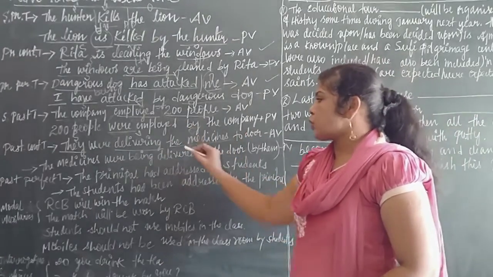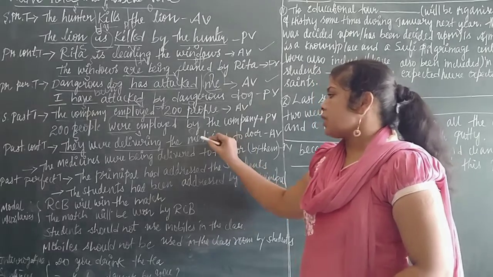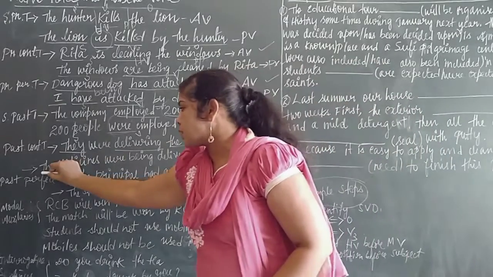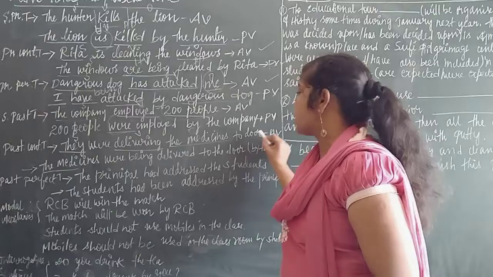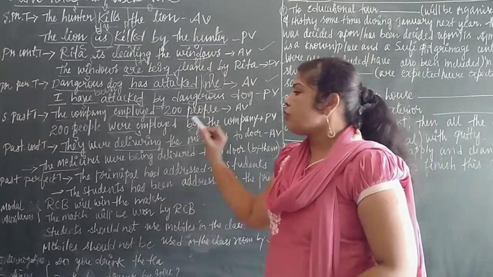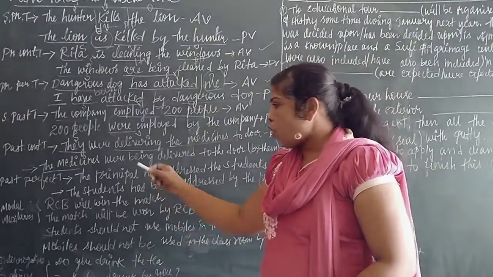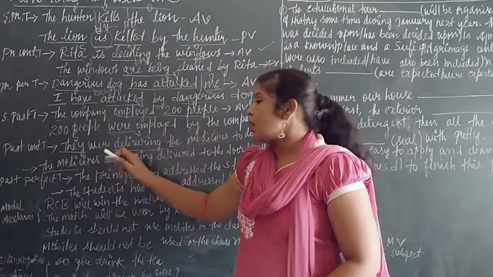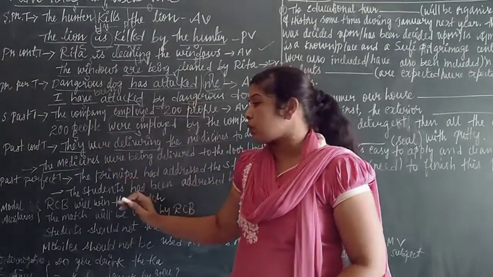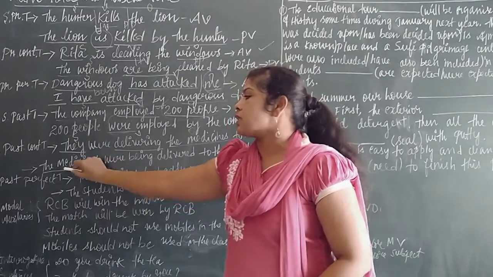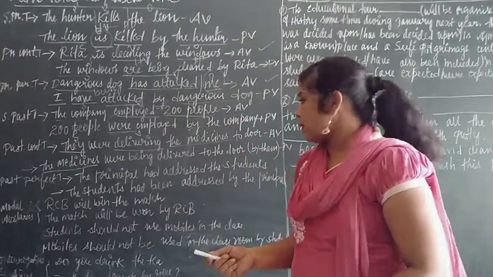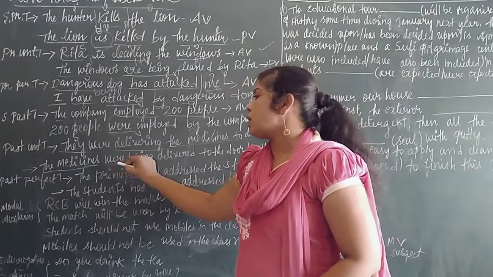In a passive voice, we have to take the object first, that is the medicines. For sentences in past continuous tense, we use the helping verbs was being or were being. Was being in case of singulars and were being in case of plurals. Since medicines is plural, we have to use were.